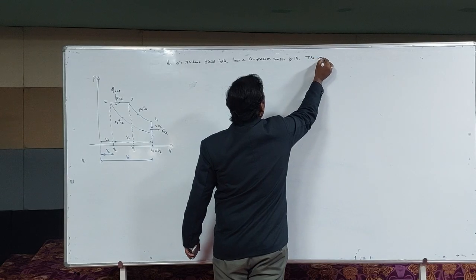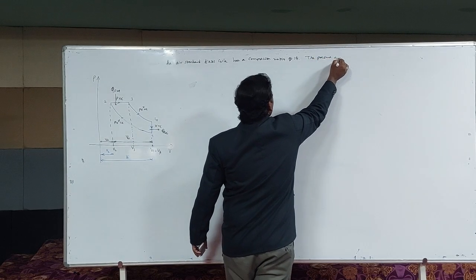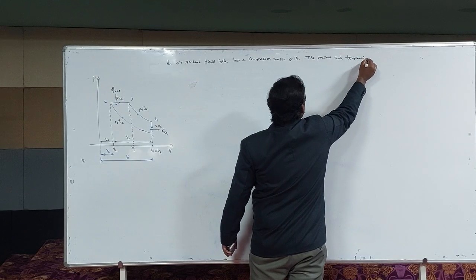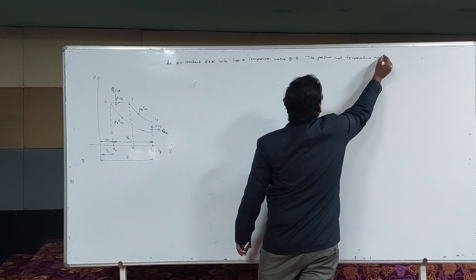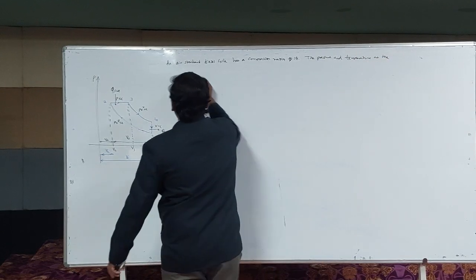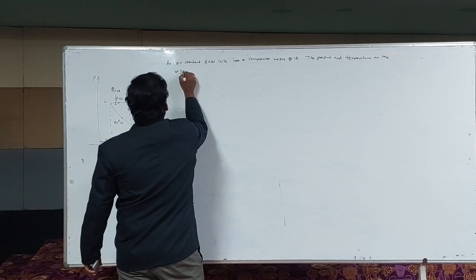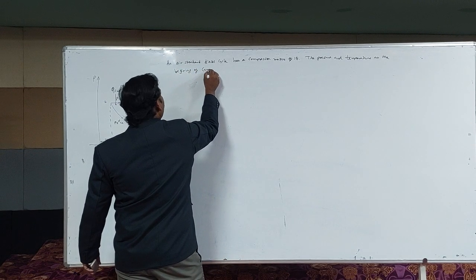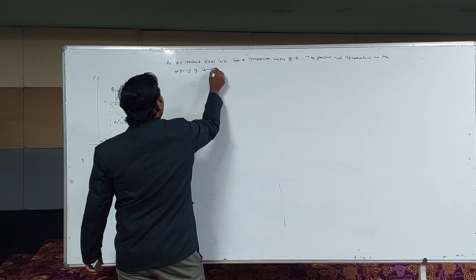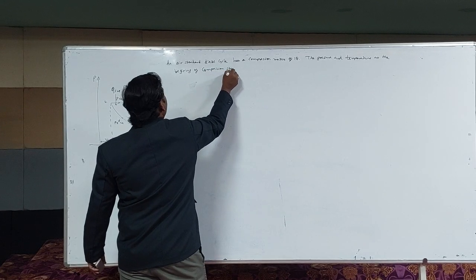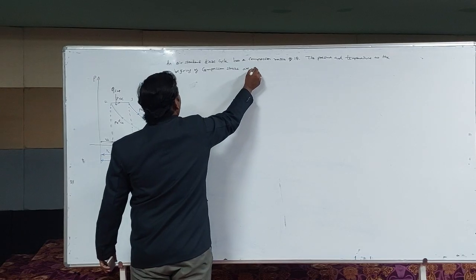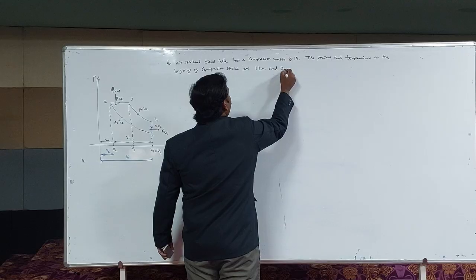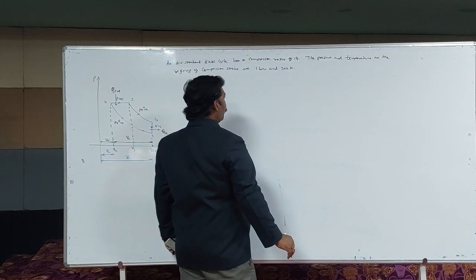The pressure and temperature at the beginning of the compression stroke are 1 bar and 300 Kelvin.